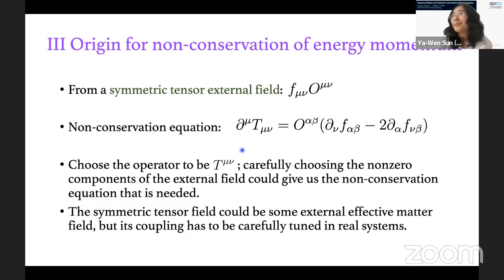When we weakly break the translational symmetry of the system, we would have a similar effect. And in the case of momentum dissipation, we could use an external scalar field, an external vector field, or tensor field, which could all have a very similar effect to break the translational symmetry.